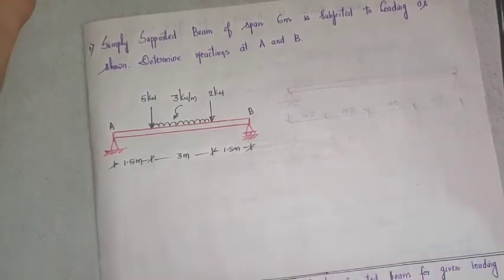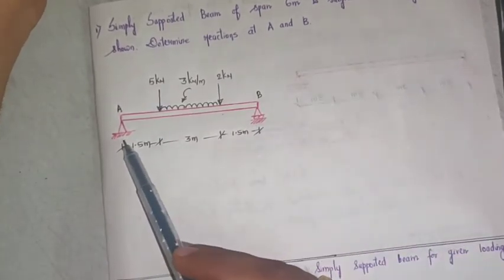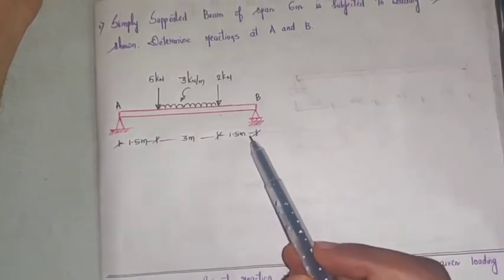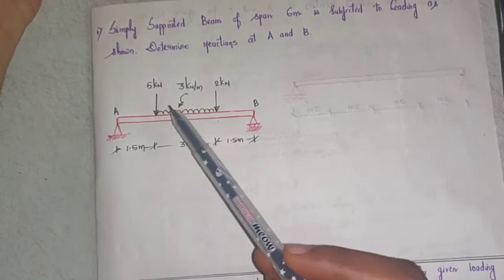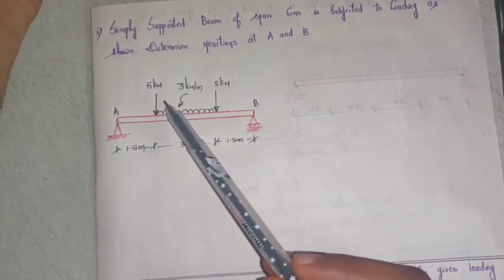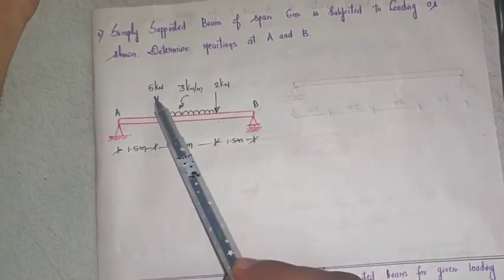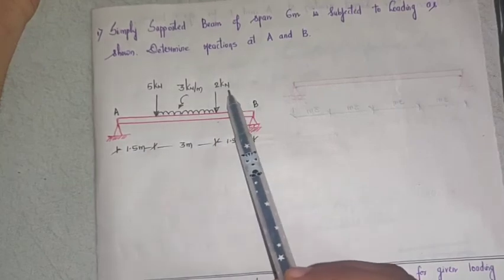What you see here is a simply supported beam where one side is a hinge support and the other side is a roller support. This beam is subjected to action, which are the forces acting on it. There are 2 point loads, one of 5 kilonewton and another of 2 kilonewton.